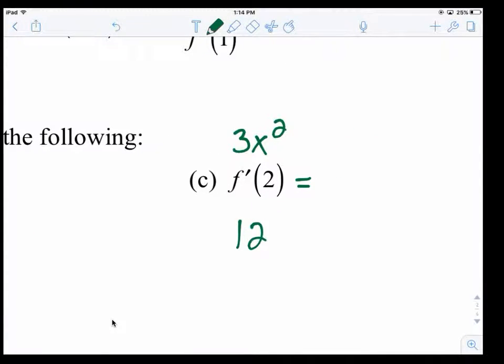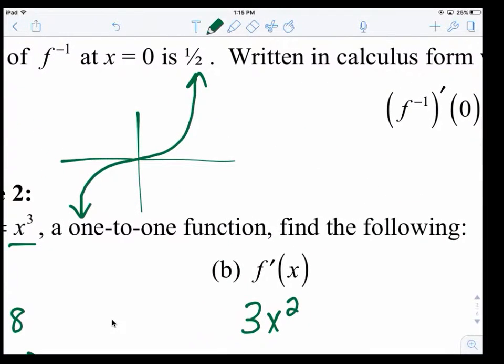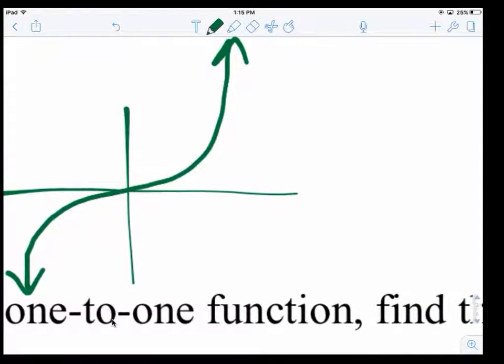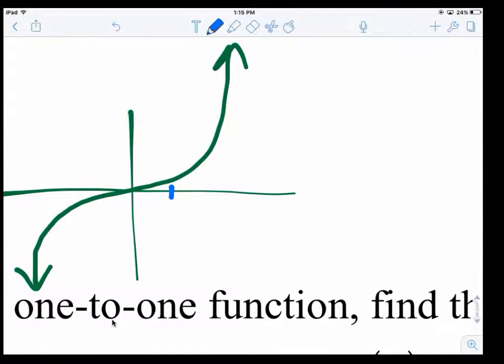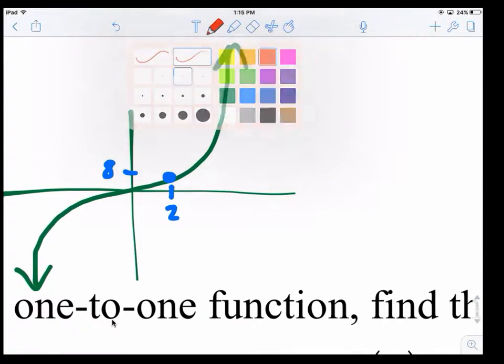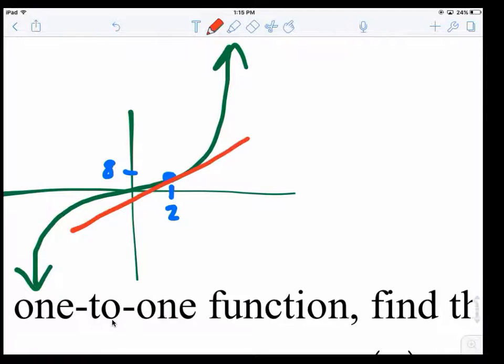Good. So the slope there at 2 is positive 12. So if you have a point, say here's 2, and say that is 8, the slope of that line would be 12.